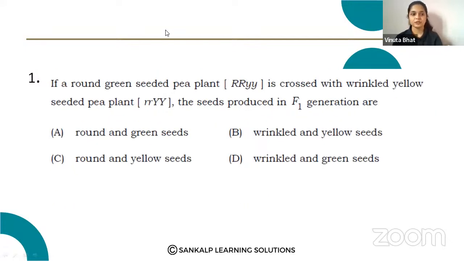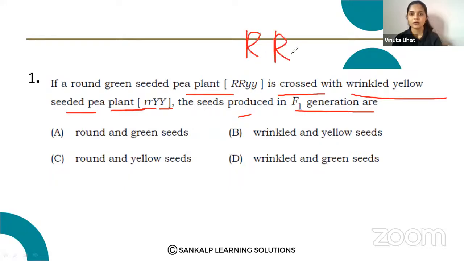Here is the first question. I hope my voice is audible now. If a round green seeded pea plant, RRyy, is crossed with a wrinkled yellow seeded pea plant, that is small r small r, capital Y capital Y, the seeds produced in the F1 generation are... Here, capital R, small r, capital Y, small y, and wrinkled yellow seeds.